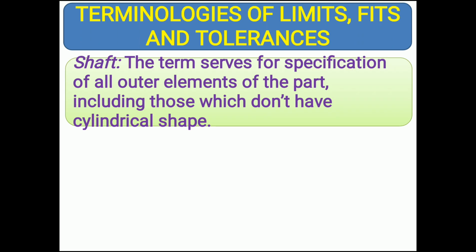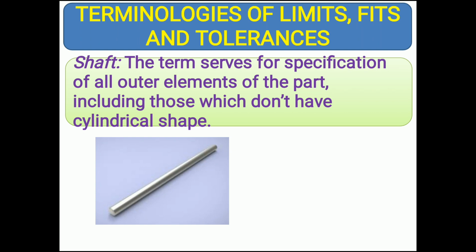First one is shaft. Shaft is the term that serves for specification of all the outer elements of the part, including those which don't have a cylindrical shape. It is any part. This term serves for specification of all outer elements, so all outer dimensions, whatever it is, we are going to term as a shaft.